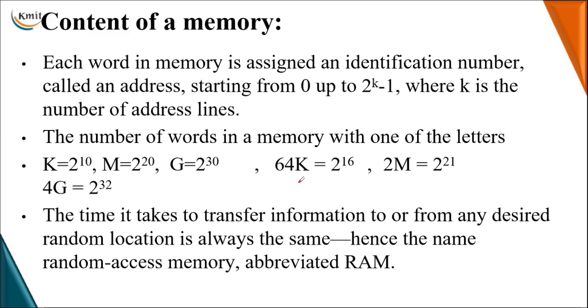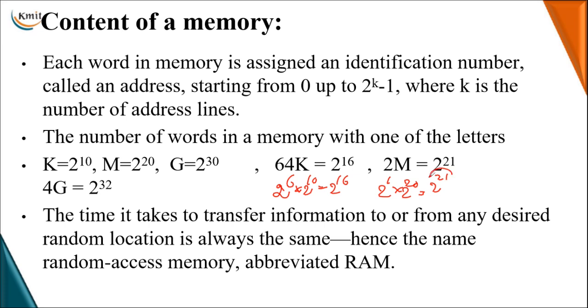For example, if your memory is 64 kilo, it requires 16 address lines, since 64 is 2 power 6 and kilo is 2 power 10, so 2 power 6 into 2 power 10 is 2 power 16. In the same manner, 2 mega means 2 into 2 power 20, which is 2 power 21.